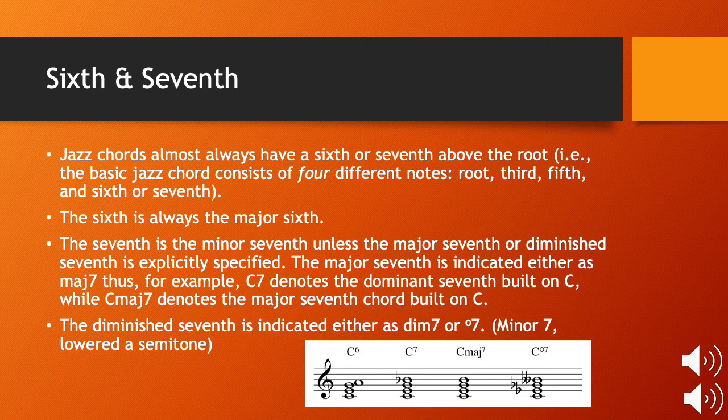The major seventh is indicated as Maj 7. Thus, for example, C7 denotes the dominant seventh built on C, while C Maj 7 denotes the major seventh built on C. The diminished seventh is indicated as either dim 7 or the symbol with a little circle 7.